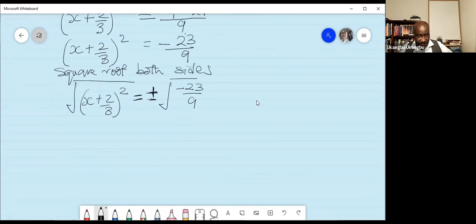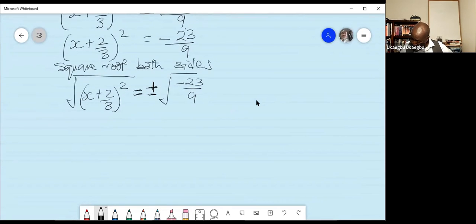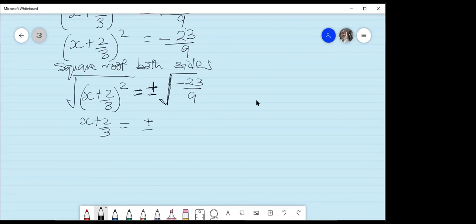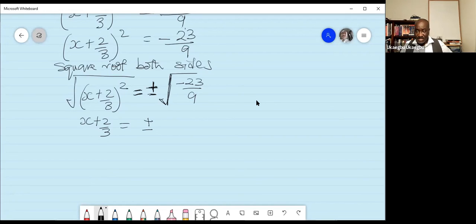Let's simplify. We have x plus 2 over 3 equal to plus or minus the square root of negative 23 over 9. There is a negative inside the square root. What does that tell you? It tells me the number is a complex number. So we can have the square root of 23 over 9i.